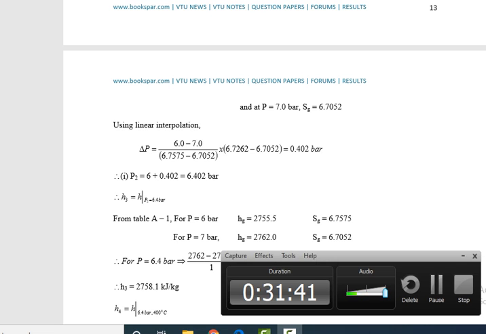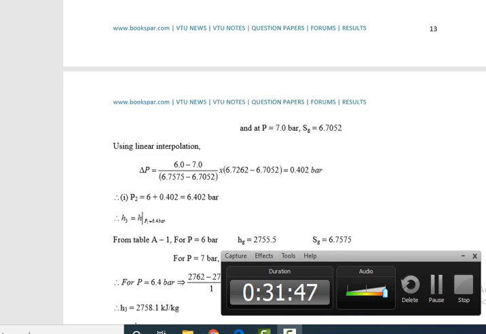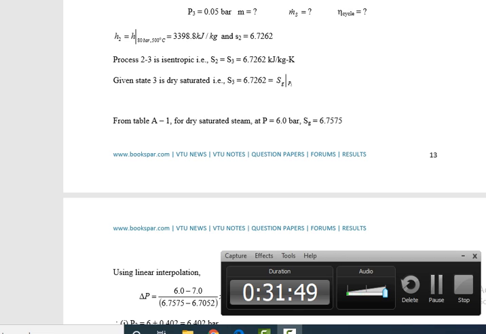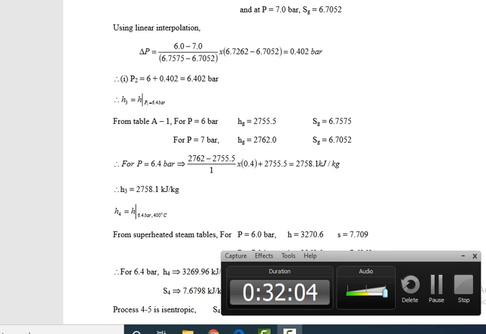You find delta P and then add 6. Using the Mollier chart and the interpolation formula, you get the difference and add it, so you get the reheat pressure P2 as 6.402 bar.